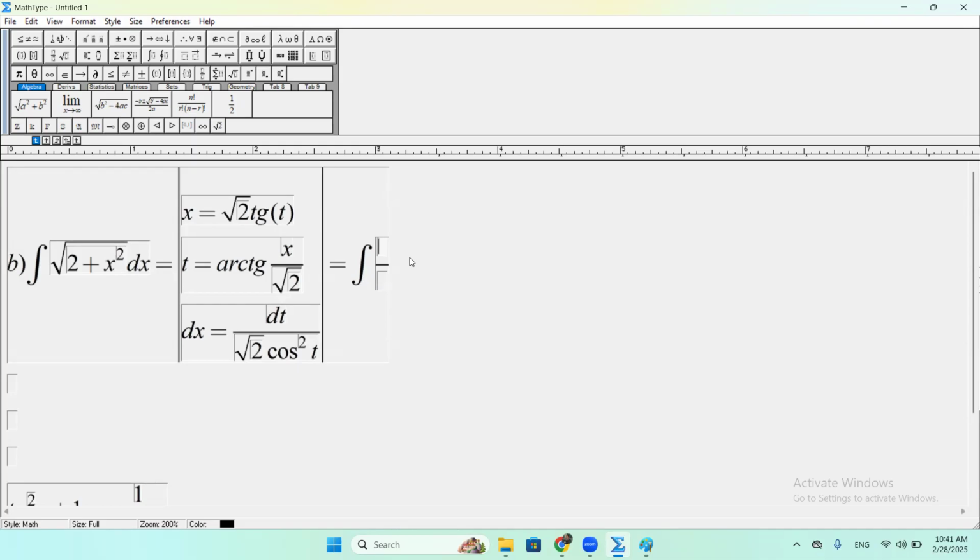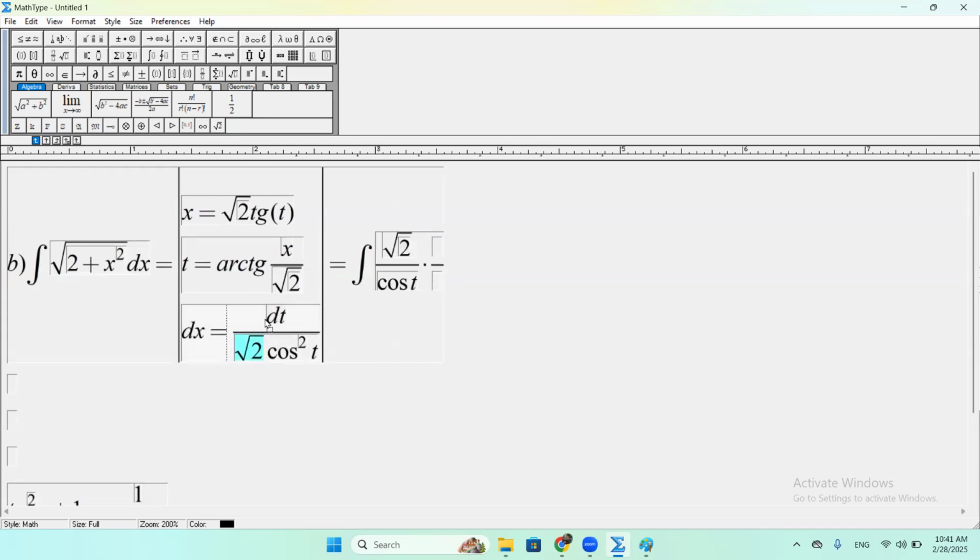We have the following: square root of 2 over cosine of t, multiplied by 2. Stop, no, something is off.